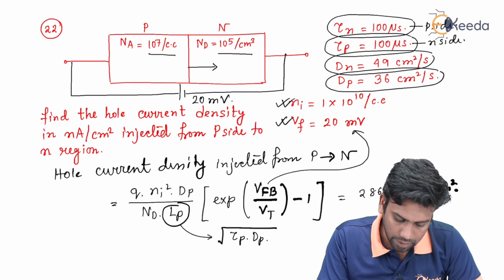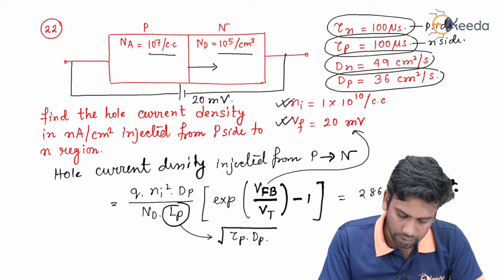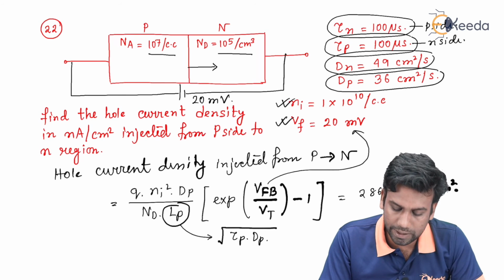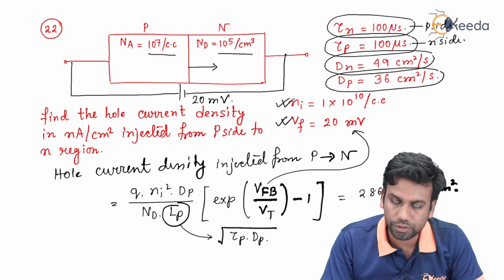So, this is the hole current density injected from the p side to the n side for the given p-n junction diode. Thank you.